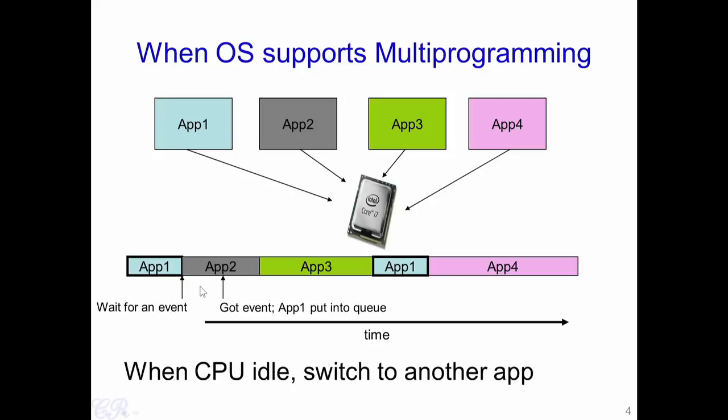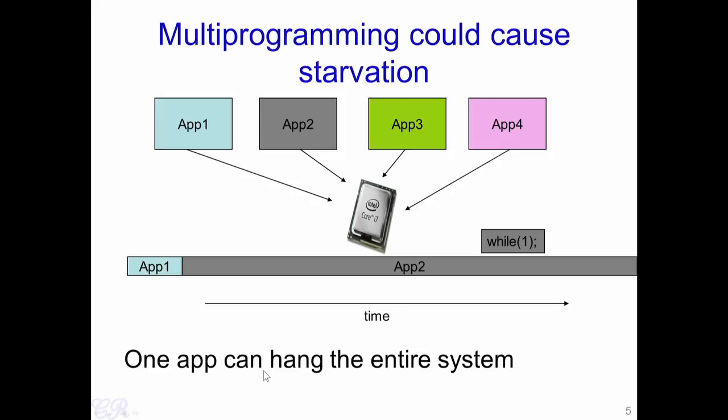However, there is a problem with this also. Consider this particular scenario where application 1 runs for some time and then gets blocked. However, application 2 has something like this present in its code. Essentially, this is an infinite loop: while (1) would continue to execute infinitely.